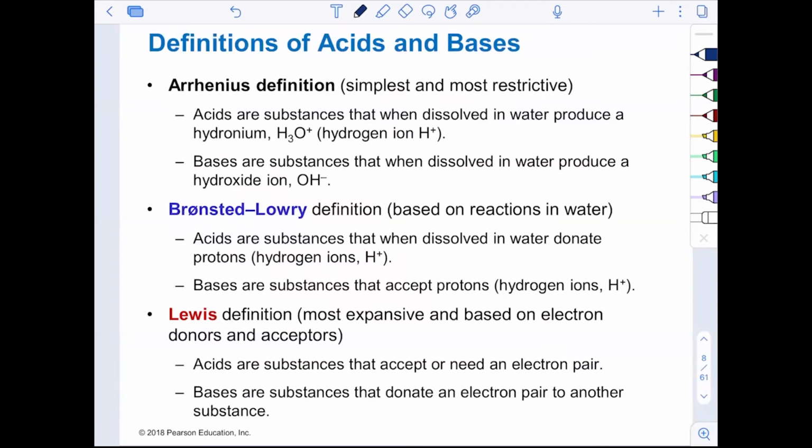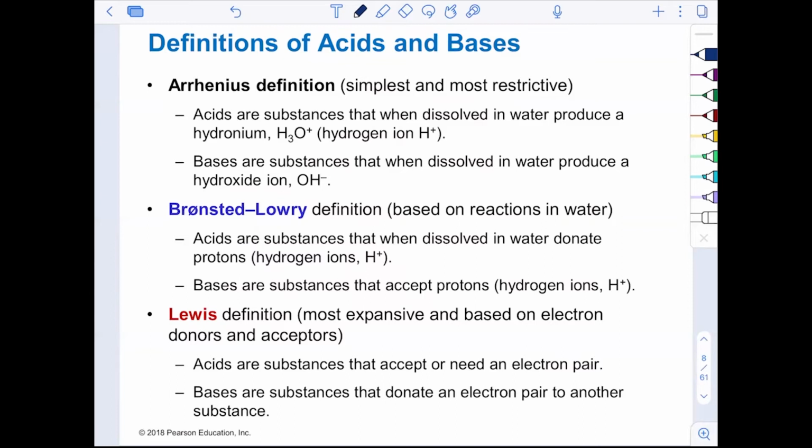And way back in the day, it was not very widely accepted. I think that's when they still used the definition of acid as something that tastes sour. But slowly over time and with more work, they did award Arrhenius his PhD. And this definition is still utilized today.